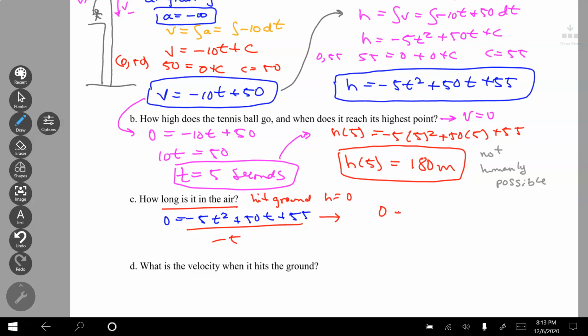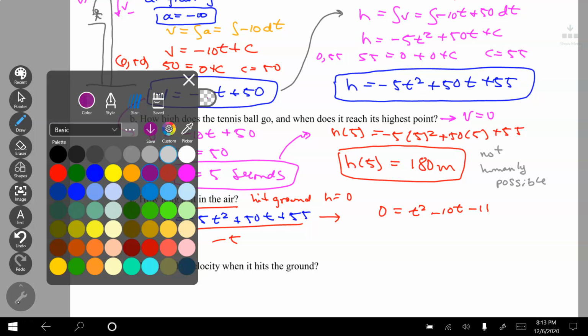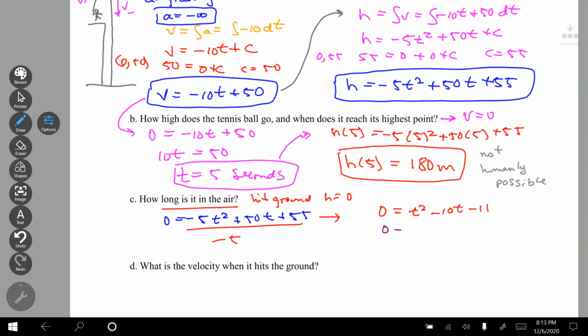I get 0 is equal to t squared minus 10t minus 11, which makes my numbers a whole lot smaller. Now I can factor: t minus 11, t plus 1. I get t equals 11 seconds is how long it's up in the air.